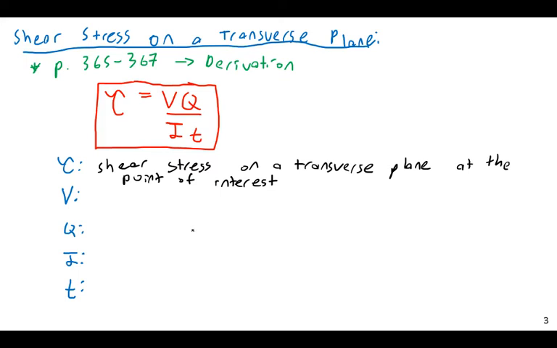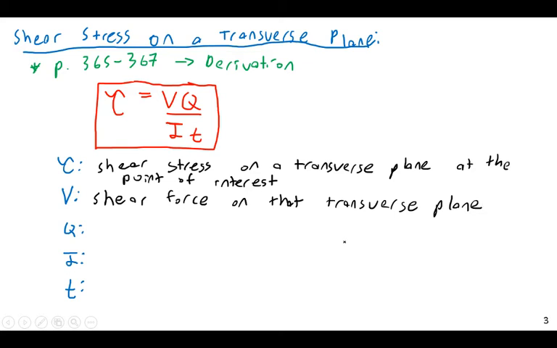Capital V is the overall shear force. This is what you get from your shear diagram. Shear force on that transverse plane. In other words, I'm talking about the plane of the cross section, really.